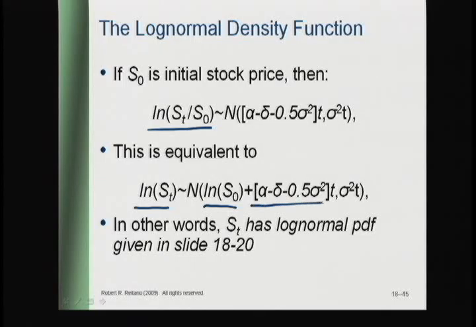It then reflects the parameters of the model. So ST is log normally distributed, and this is identical to, I think it was slide 1820, we derived the same formula. This is the derivation that ST is log normally distributed because the log of ST is normally distributed.